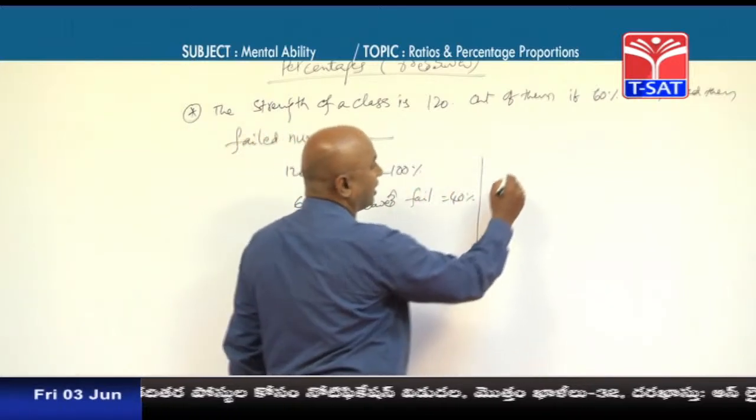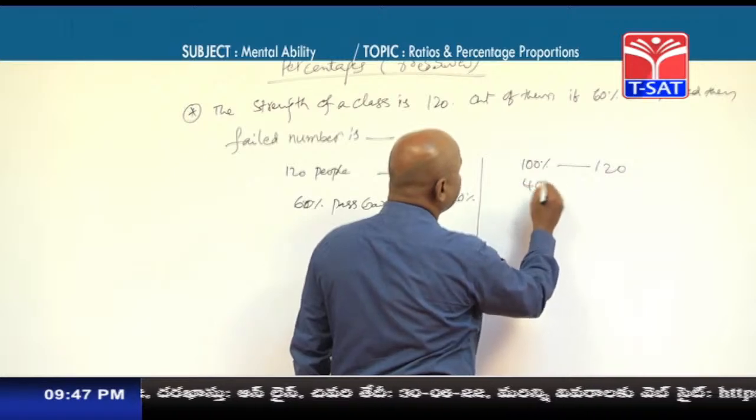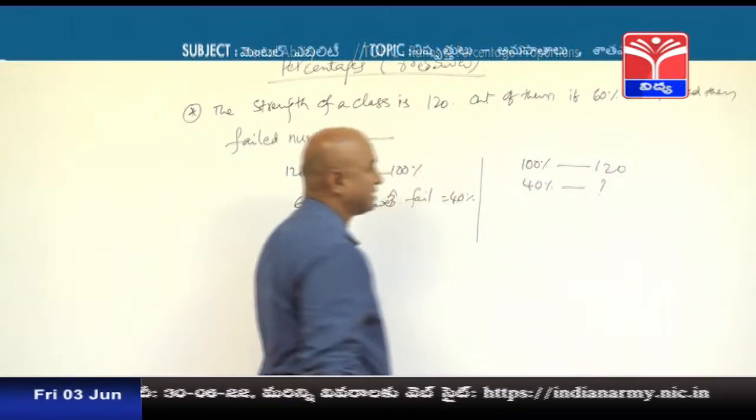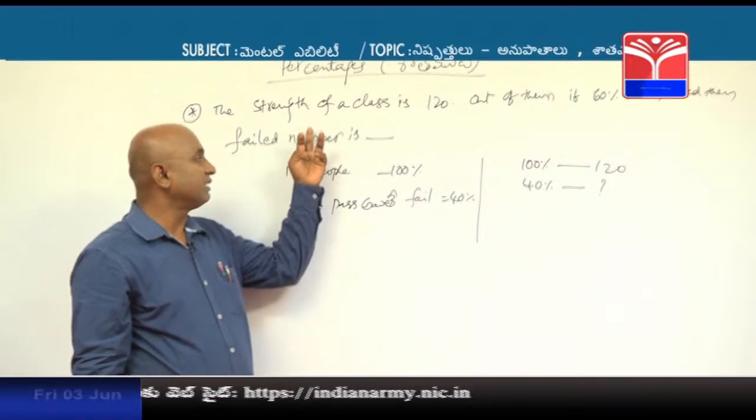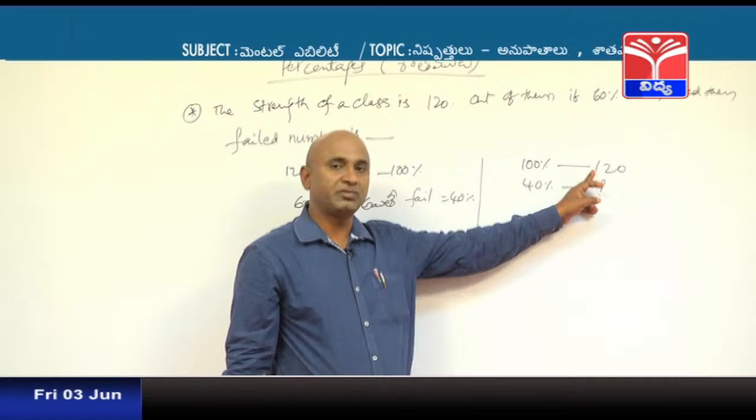Now see the problem. If 100% is equal to 120, then 40% is equal to how much? Total strength of the class is equal to 100%, and it denotes the value 120.